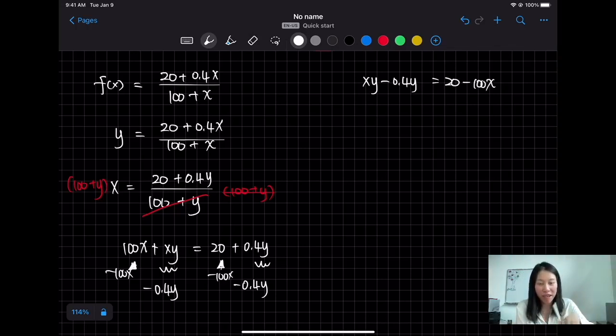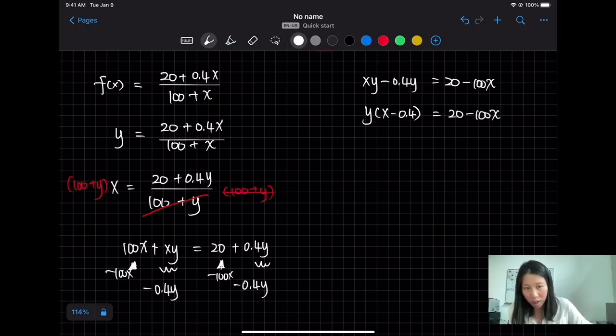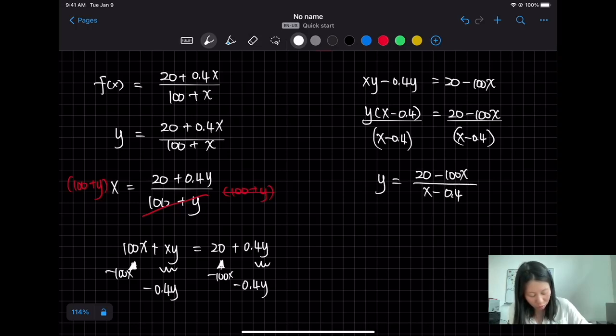And then factor the y out, because y is the common factor on the left side. After you do that, you just need to divide by (x minus 0.4) on both sides. Then I will have y equals (20 minus 100x) over (x minus 0.4).